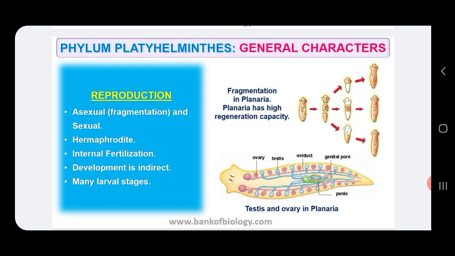Some members have high regeneration capacity also. So in this phylum, reproduction is asexual by fragmentation and sexual also. Mostly bisexual, fertilization is internal, and development is indirect, including many larval stages.